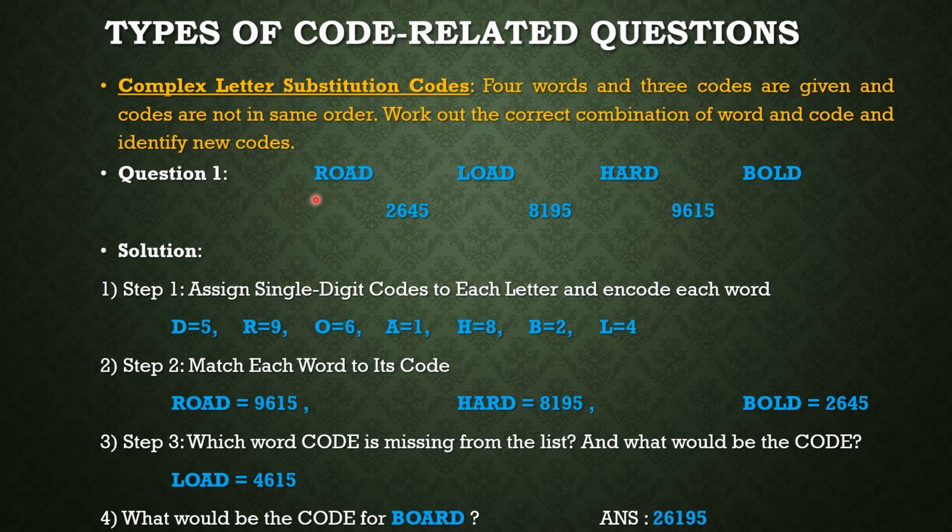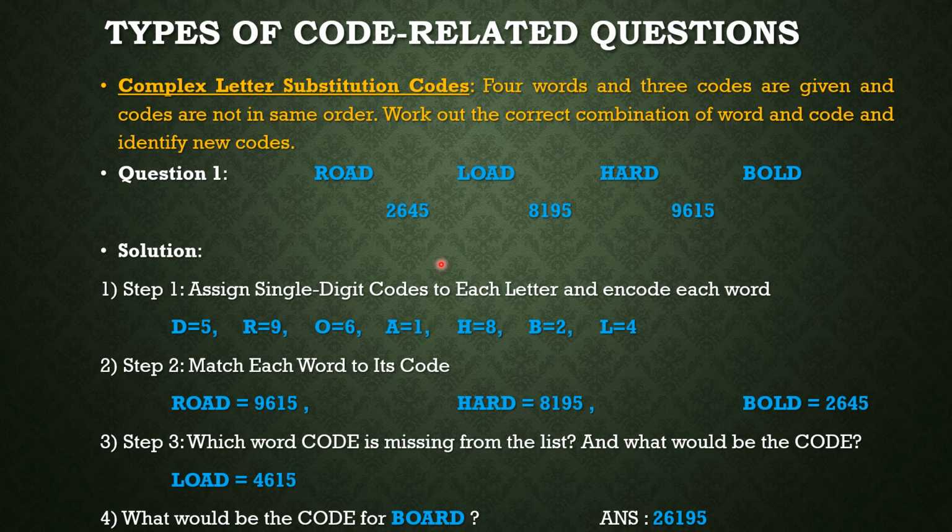Then we look at another common letter, which is R, in first position here, and in the second last position in hard. Can we identify a number which is coming in that sequence? If you look here at 9615, we have 9 at first, which can be R, and in 8195 the 9 is at the second last position, which can be R from hard.